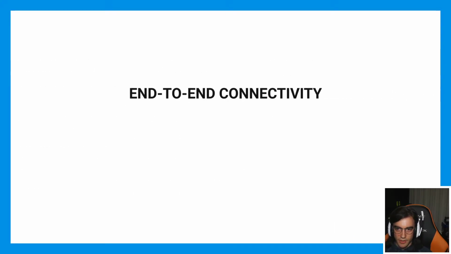And this is where the talk about end-to-end connectivity comes in. We'll just have to define that. What I mean by end-to-end is that every host on the internet can reach another host on the internet. So if I have an IP address and I want to communicate with someone else's IP address, I need to be able to communicate with them directly, and they need to be able to communicate with me directly.